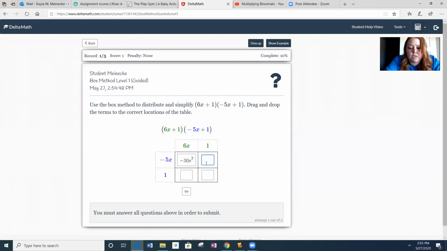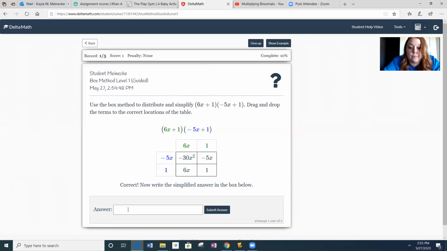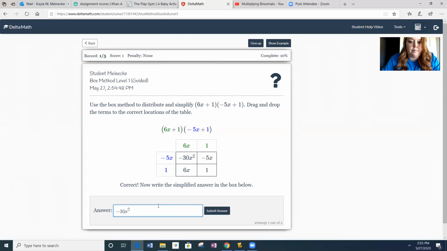Negative 5x times 1 is just negative 5x. 1 times 6x is 6x. 1 times 1 is 1. Try. Got that part correct. We're not done. Now you combine like terms. So negative 30x squared, you just pop that down. It doesn't have any x squareds to combine with it.